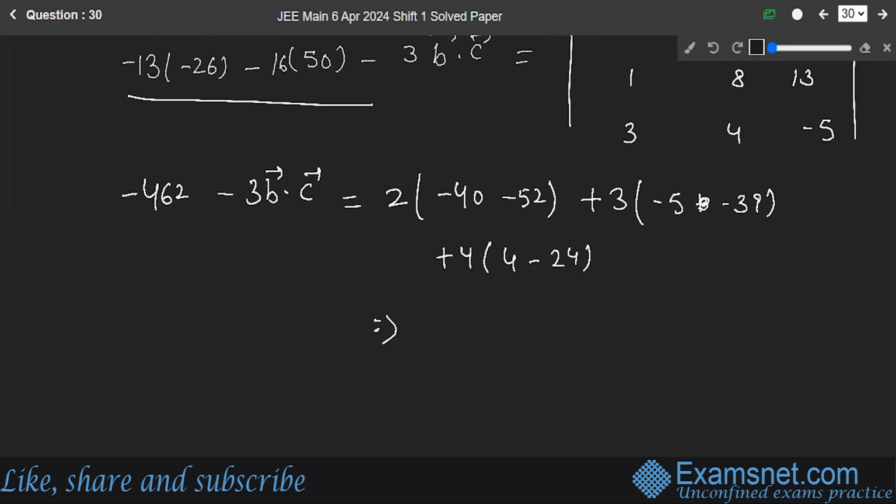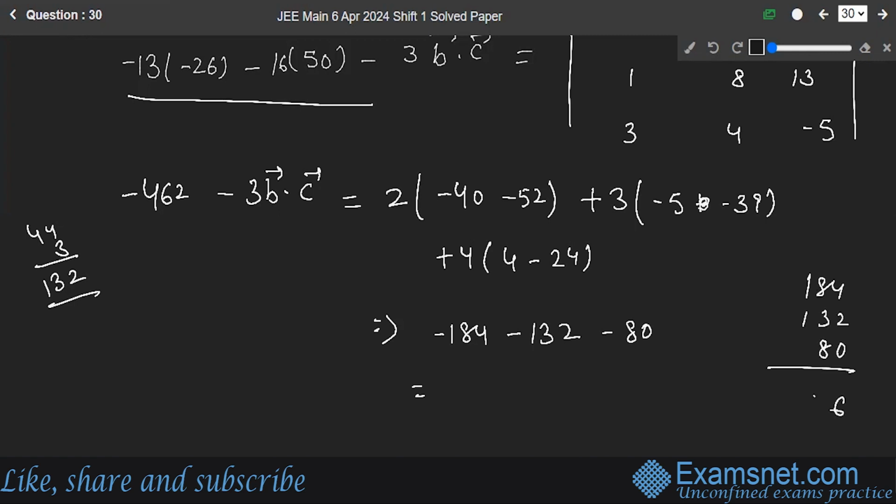This will give me 2 into minus 92, and that will give me minus 184. And this is 44 into 3. This is 132 minus. And this is minus 80. So this will give me minus 396.